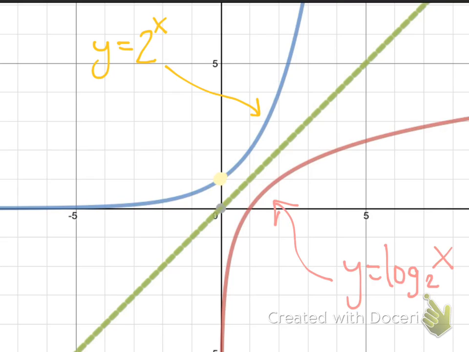So, for instance, right here, the graph of the exponential goes to the point (0, 1). So when I switch the point to get the inverse point, it's going to be (1, 0), which is this point right here. Another point on the graph of the exponential is the point (1, 2), because if I plug in 1 as my exponent to that expression up here, then I'm going to get 2 as the output.